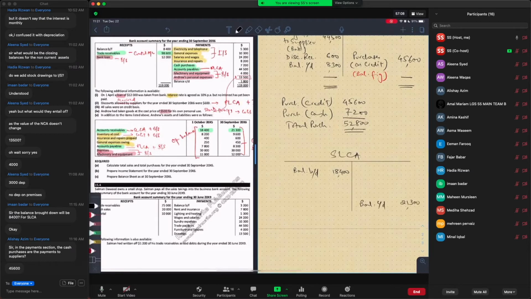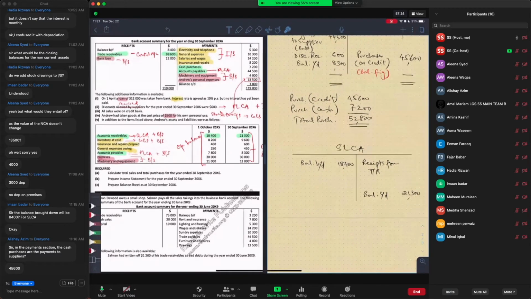Right. The receipts from trade receivables will be on the credit side, and if we are looking for receipts, then we need to look in the bank account here.